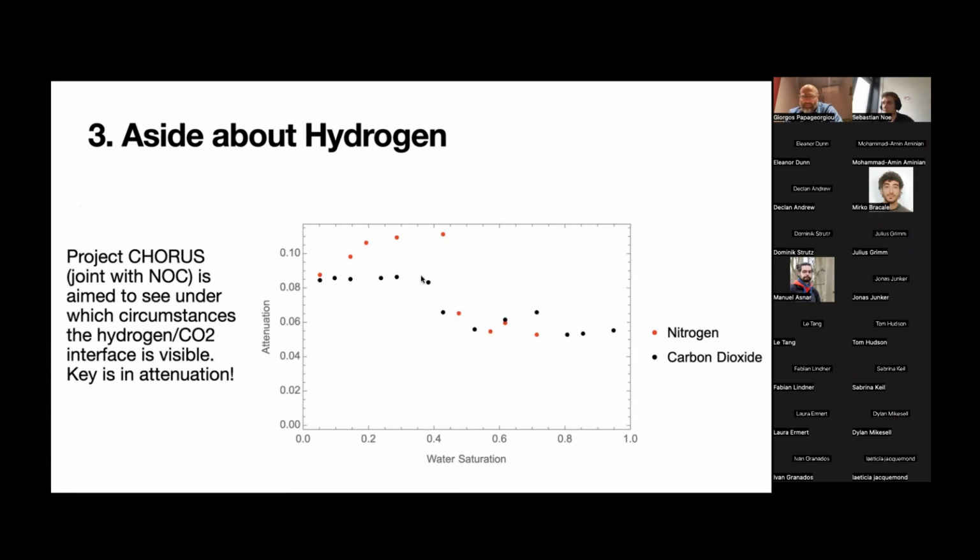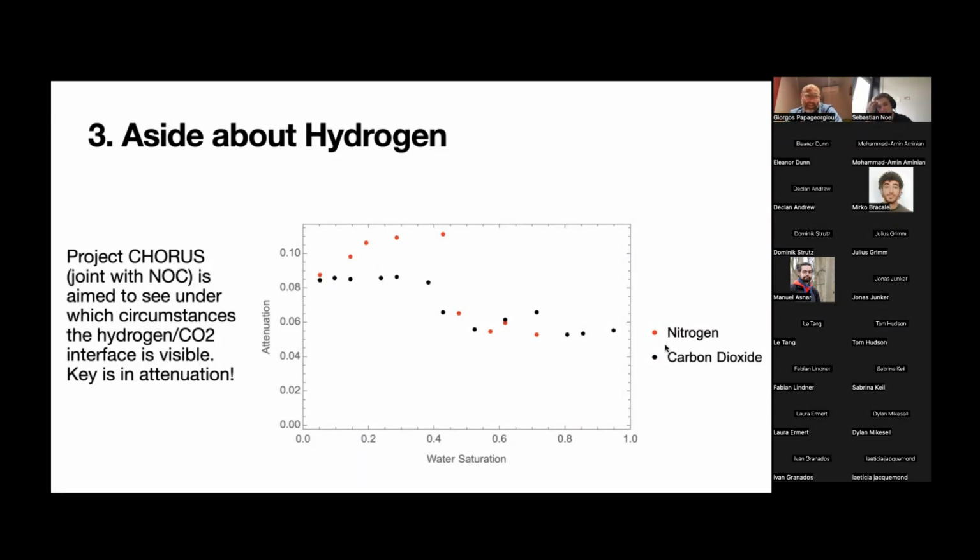I have not validated these results. This is the first time I show these, but they're quite interesting. So we used nitrogen because it's very dangerous, essentially, to compress hydrogen in the lab. And the guy that operates the lab in Southampton is a careless guy, so I wouldn't trust him with compressed hydrogen.